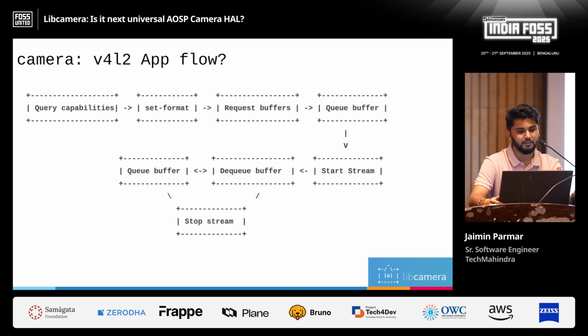It may be DMA buffers, or it might be software buffers. Then you queue the buffers, and after queuing, you can start the stream, and the cycle of queuing and dequeuing goes on until stop stream. Okay, so when you have simple camera hardware, everything goes right.